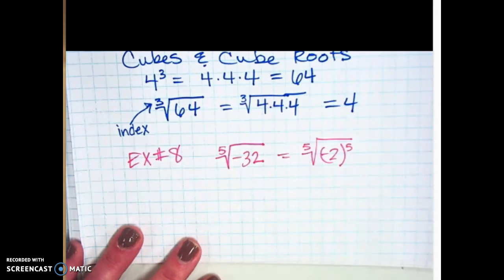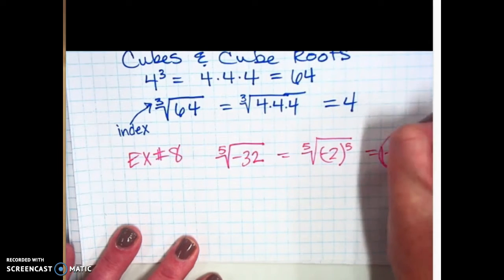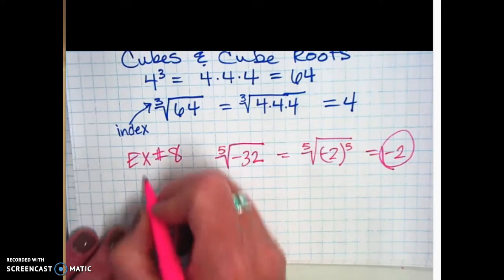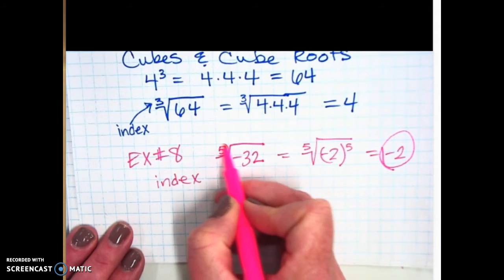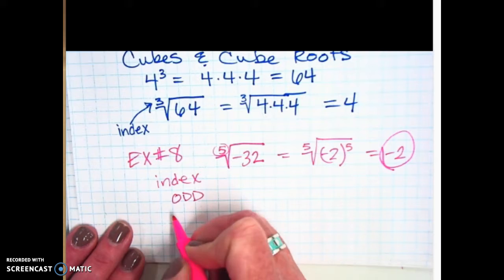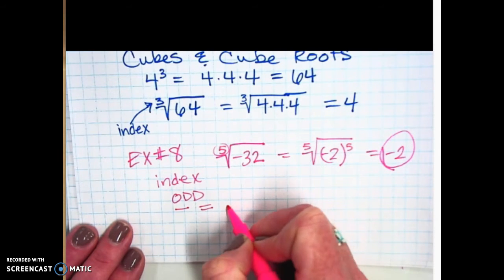Because when you have an odd amount, it ends up being negative. But when you have an even amount, it ends up being positive. So the answer is negative 2, which is a real number. It's negative, but it's real. Okay? So when that index, this number right here, is odd, and the number under the radical is negative, your answer is going to be negative.